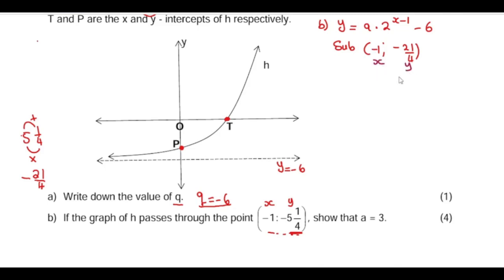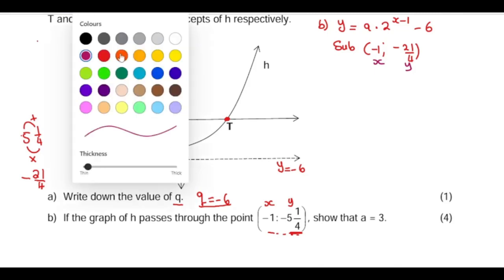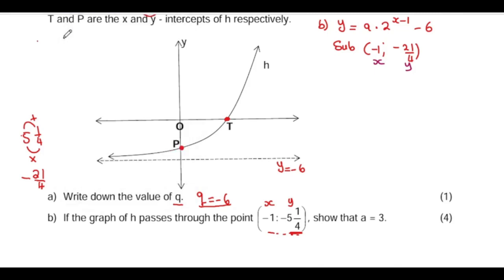So on the equation where there's y, we need to substitute minus 21 over 4, and then we equate this to a multiplied by 2 to the power, where there's x we put minus 1, then we have minus 6.